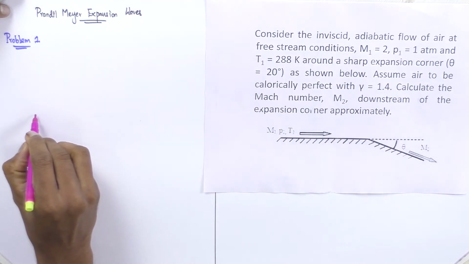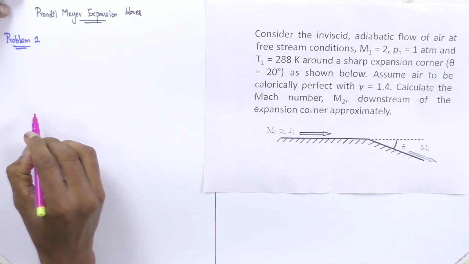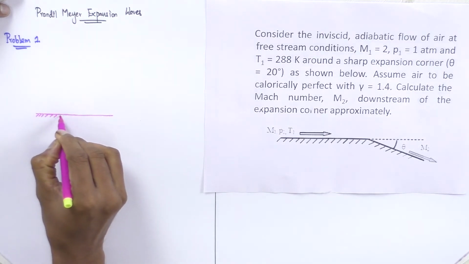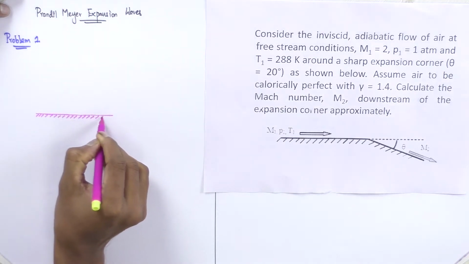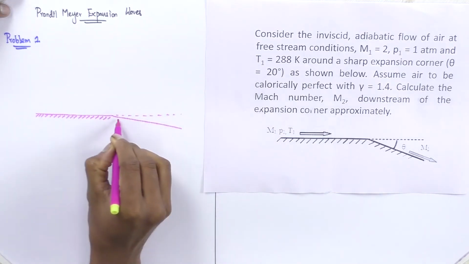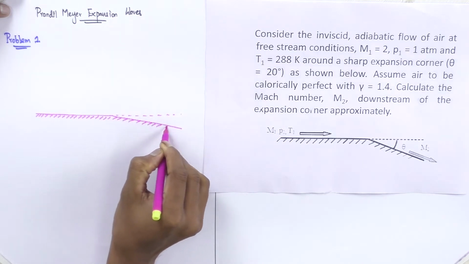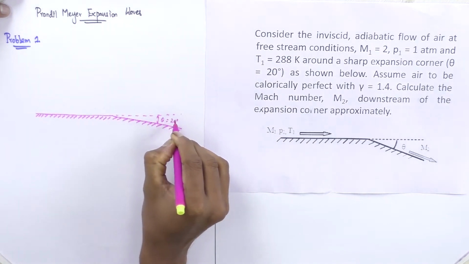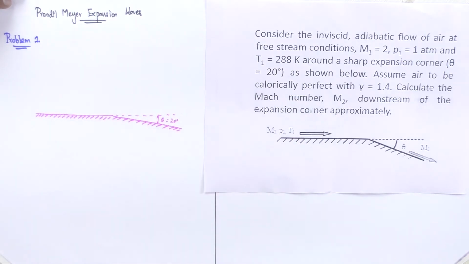Now let us consider a sharp expansion corner of 20 degree. So here theta is equal to 20 degree with upstream conditions.